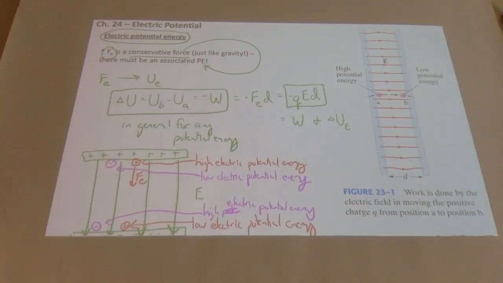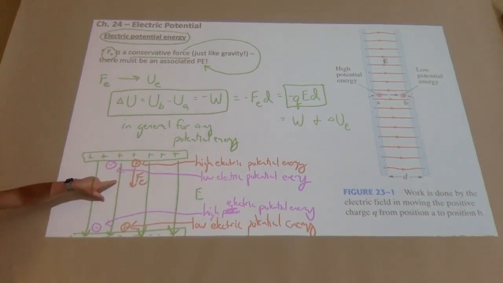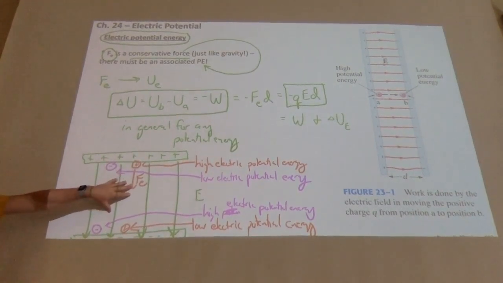So let's go back and first describe again what electric potential energy is, and then I'm going to contrast that with the next slide and what electric potential is. We've got some equations up here that will tell us how much potential energy a given charge has, and it's all dependent on where that charge is located inside an electric field.